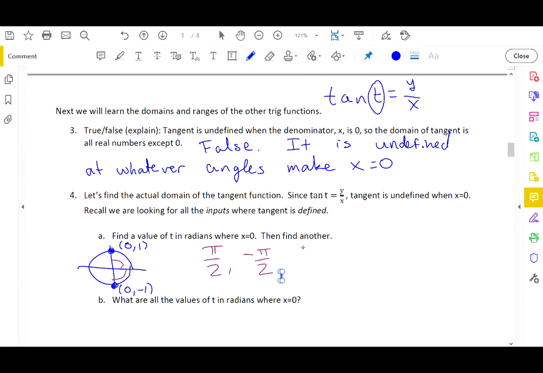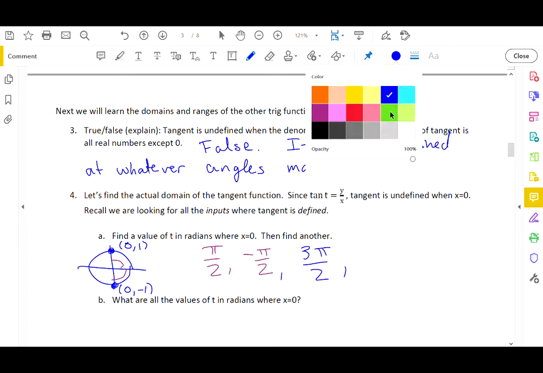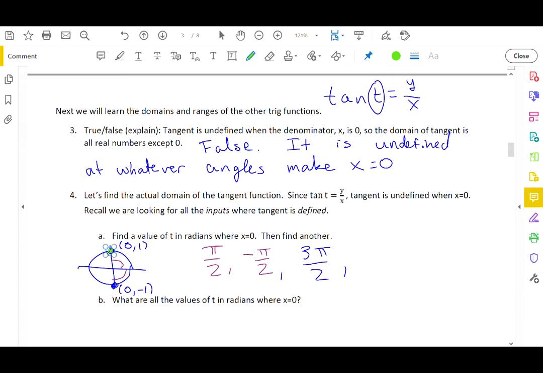We could also do 3 pi over 2. The different colors are not important here. 5 pi over 2. Let's think about what 5 pi over 2 is. That's doing pi over 2 5 times. So 1 pi over 2 would end us here.